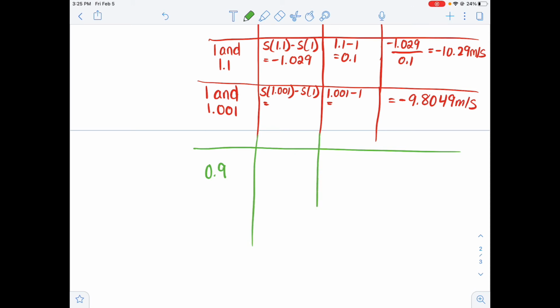So I'm doing the same chart, but I'm just on the other side. I'll do s of 1 minus s of 0.9, and I have 1 minus 0.9. So that gives me negative 0.931, then I'm dividing it by 0.1.